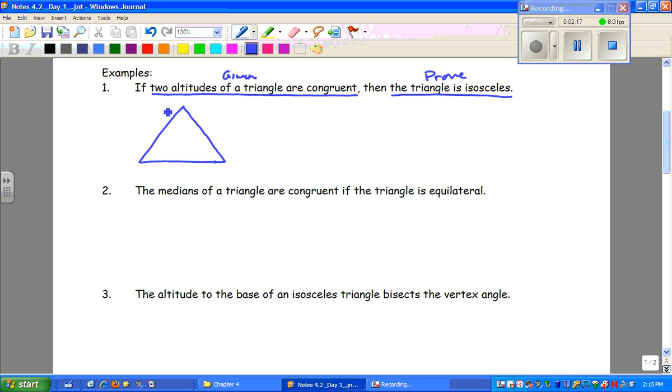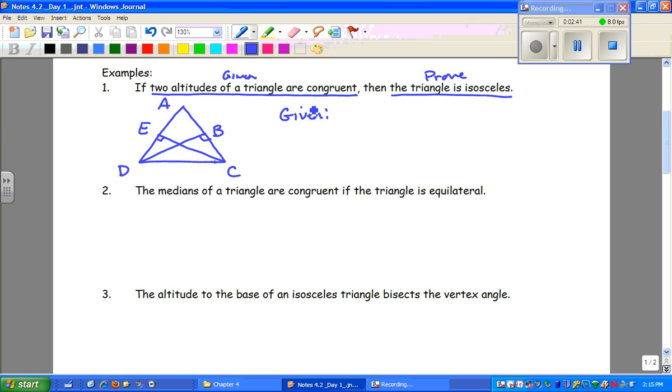Let's call it ADC. It has two altitudes, so maybe I'll make an altitude from here, causing this B, and I'll draw an altitude from here, causing this E. And now we have to write our given statements.